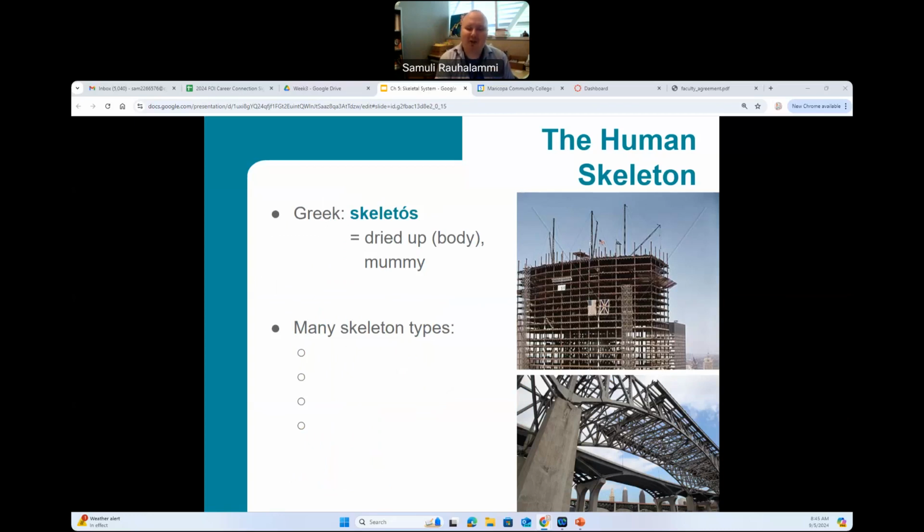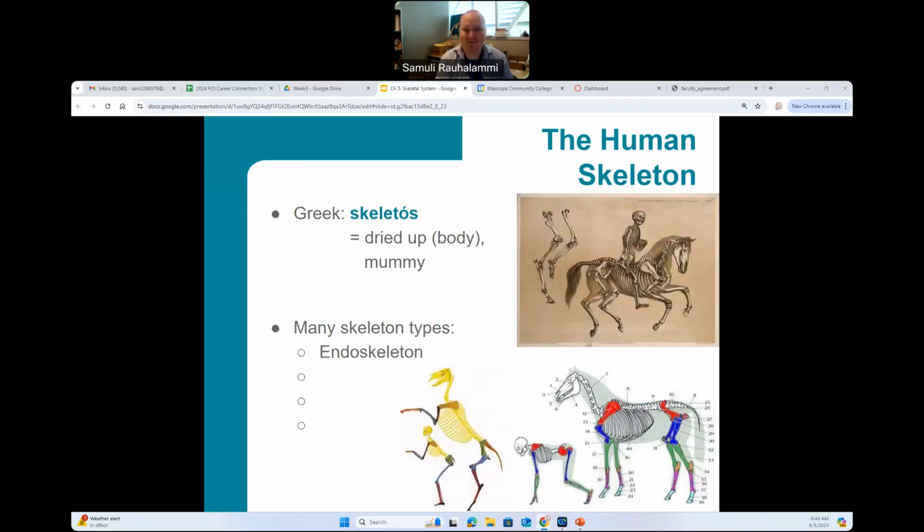Before we get much further with reviewing individual bones, I wanted to just quickly get us thinking about the different kinds of skeletons that we do find in the field of biology. So an endoskeleton is a skeleton that's internal support for the structures, and we see that, for example, humans and many animals do have an endoskeleton.